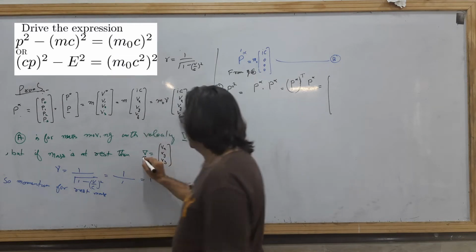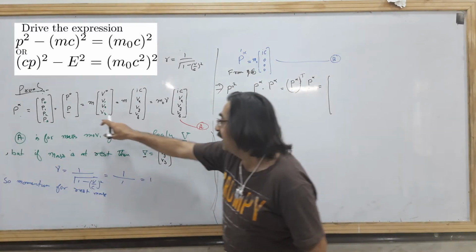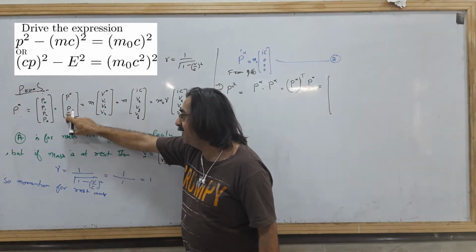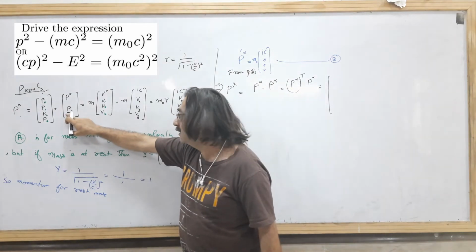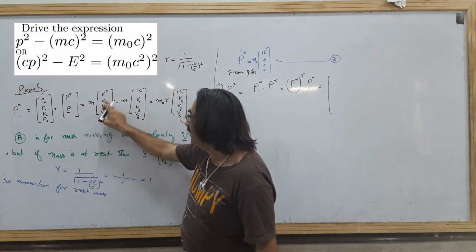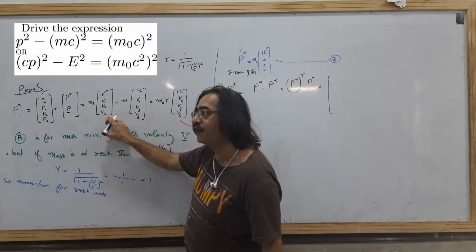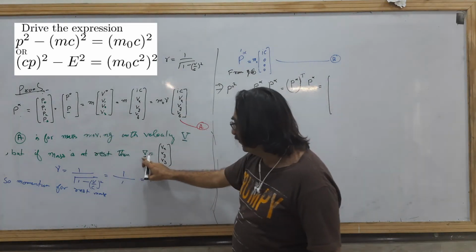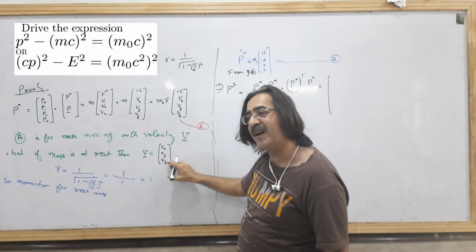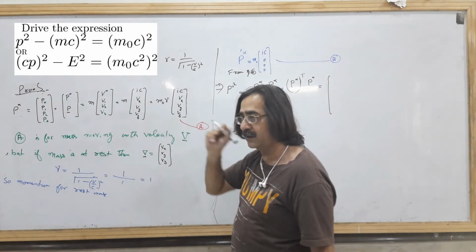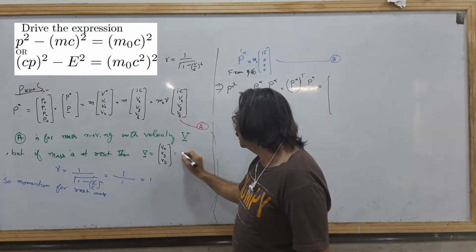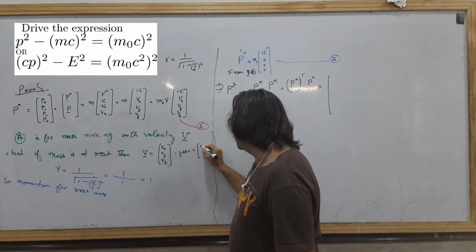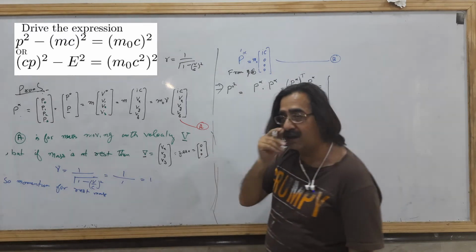I have already explained that when I use this notation, it means XYZ components. So here, if I use this notation, this means Vx, Vy, Vz, not the zeroth component. Okay, space component, and that is 0. If that is 0, it means all components are 0, a null vector. Okay, got it?